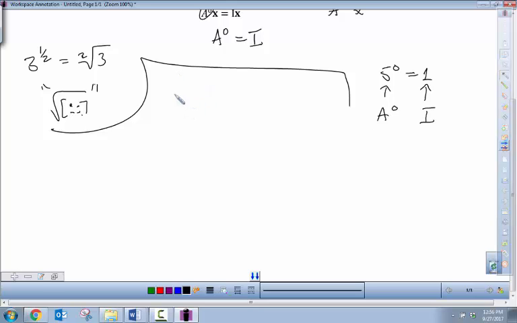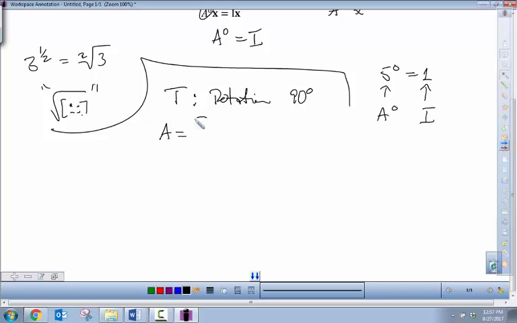So let's quickly do an example where we do a rotation of 90 degrees. So remember the rotation matrix?